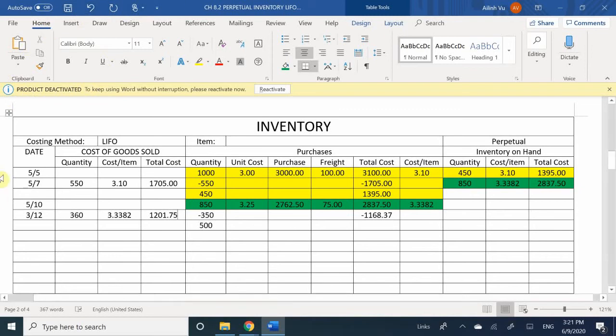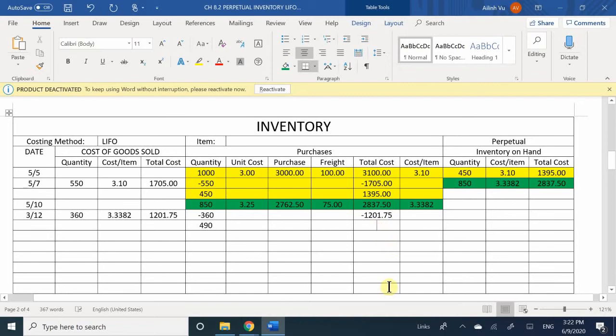Okay. So now we have to change our answer here. Instead of 350, we have now 360. So this is going to become what? 490. Instead of 1168, it's going to be 1201.75. My bad.